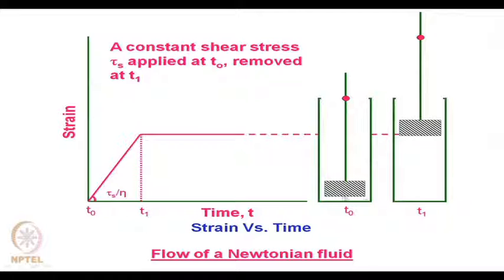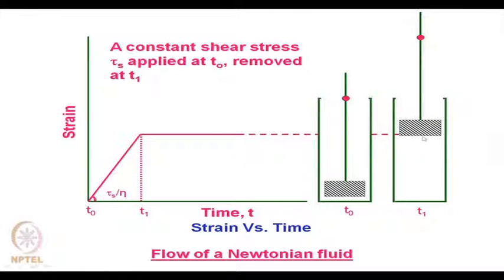Here this is the application of stress where the piston remains at the bottom. It is moved up at time T1. It was at the bottom at T0, and at time T1 it is moved up. By doing so, the piston will get some resistance from the wall of this cylinder, for which that stress tau s is required to move it up from the bottom.